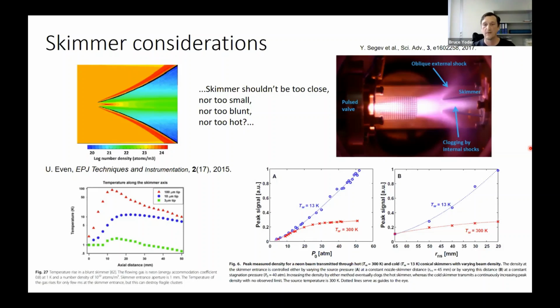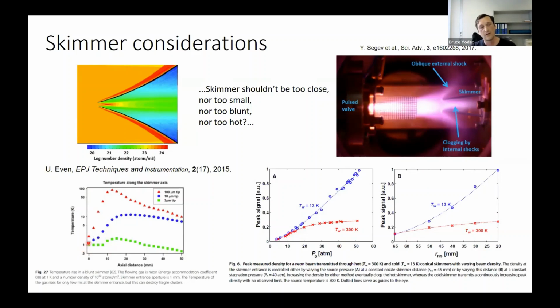Furthermore, there's the question of how sharp the edges of a skimmer need to be. Here's a graph of temperature rise as a function of axial distance from the skimmer, where the skimmer is placed at x equals 0. Again, the flowing gas is neon with a number density of 10 to the 22 atoms per cubic meter. The skimmer entrance aperture is again 1 millimeter and placed at x equals 0.